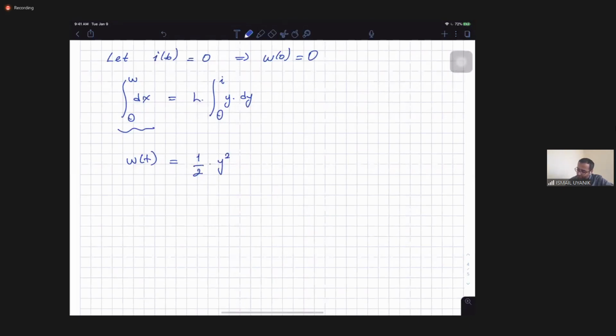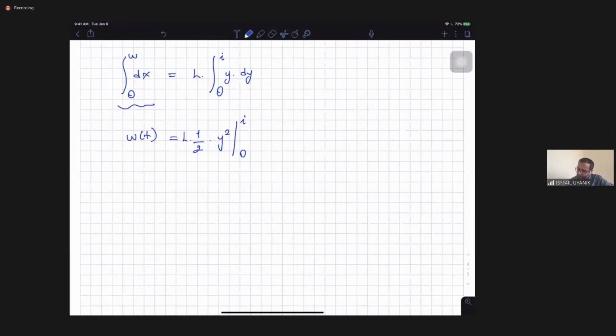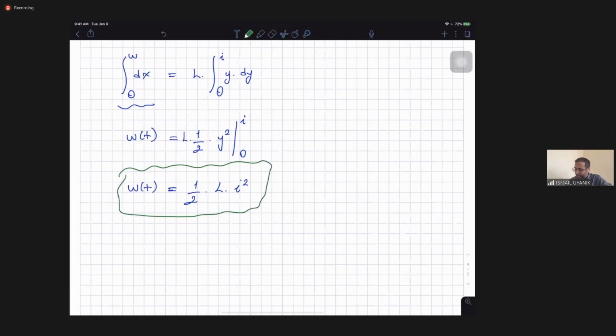And then I need to evaluate this at I and 0, and then of course multiply this with L. So omega of t, which is the energy stored in an inductor, is equal to 1 over 2 times L times I squared. Because if I put the 0 in, that will be 0. So this is our energy calculation for an inductor.